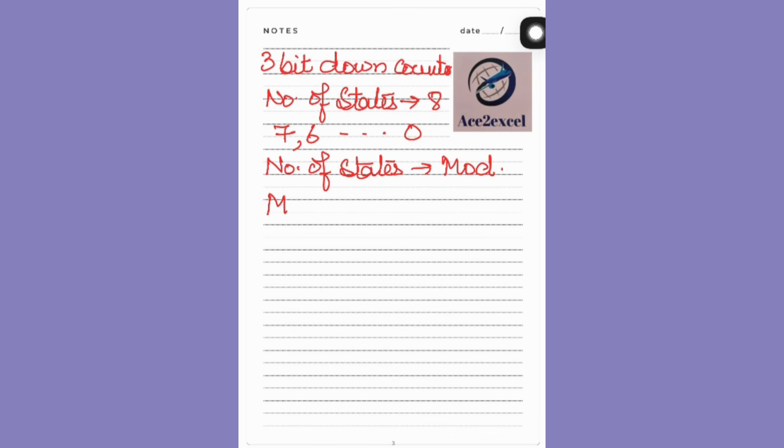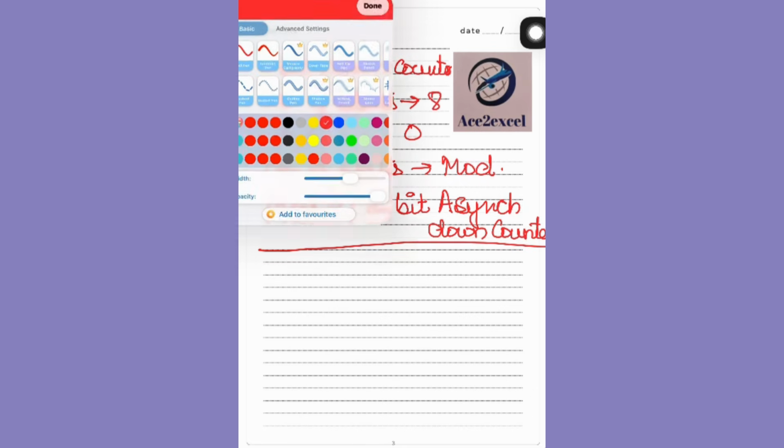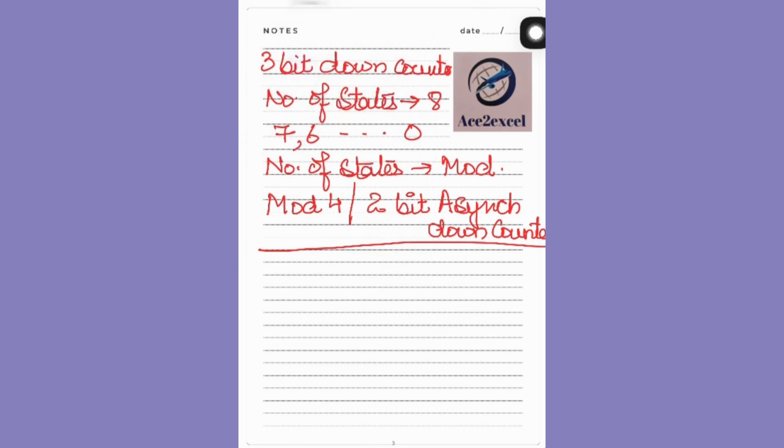Now we'll design mod 4 or 2-bit asynchronous down counter. Number of flip-flops required are 2. Type of counter is asynchronous. I am using T flip-flop.